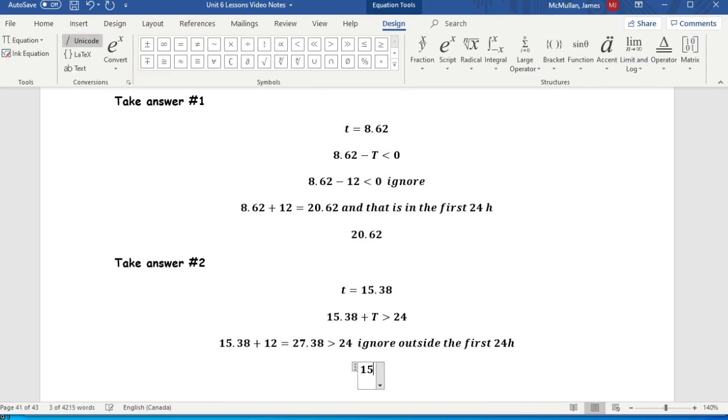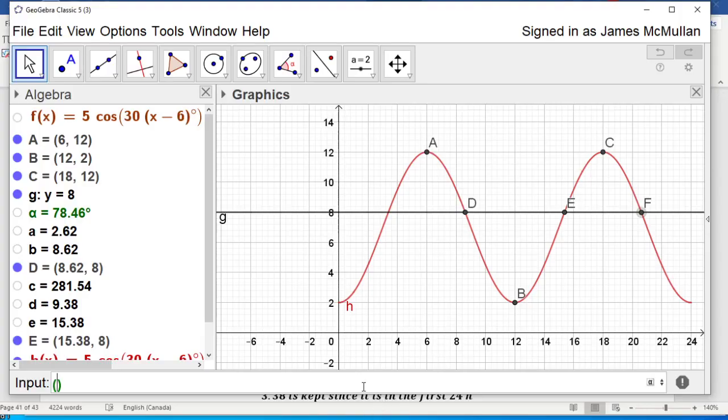On the other hand, 15.38 minus 12 is equal to 3.38, and that is in the first 24 hours. So 3.38 is kept. Okay, so 3.38 and f of 3.38, and there you go. I've got the fourth answer.